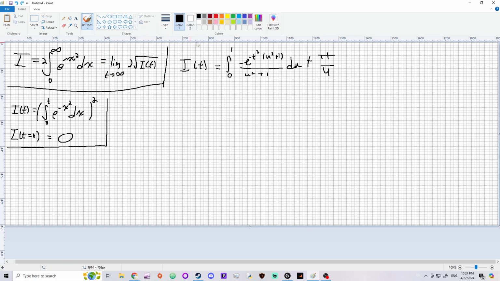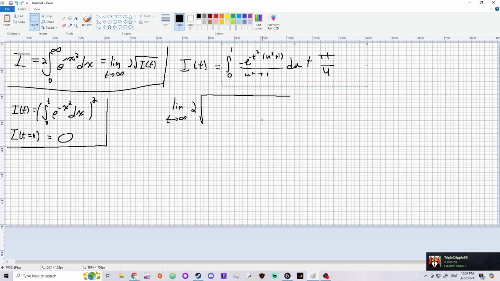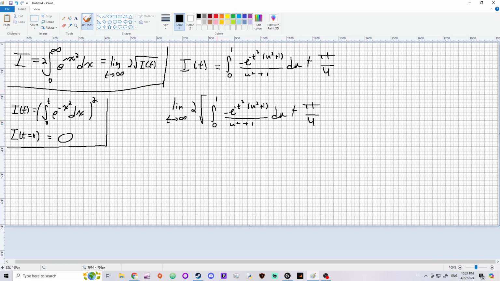I get to plug in the limit as t goes to infinity of 2 times the square root of this. I can just redraw it. Like that, right?